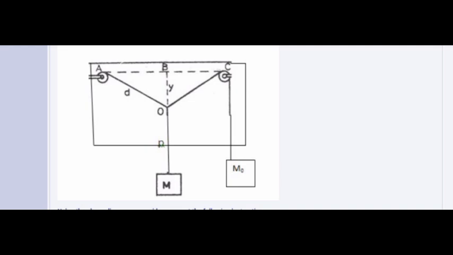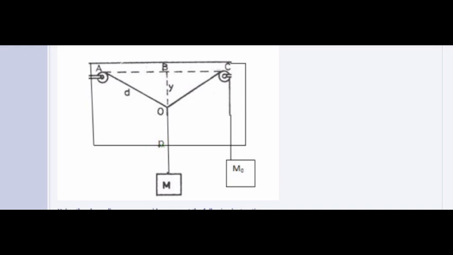So the twine that is meant to be used is just like a thread, so you can use thread in place of that. The lines that run from A to O and C to O, with O to mass M and C to mass M naught, are all threads. The first thread will be placed into the pulley A, and it will be fixed.